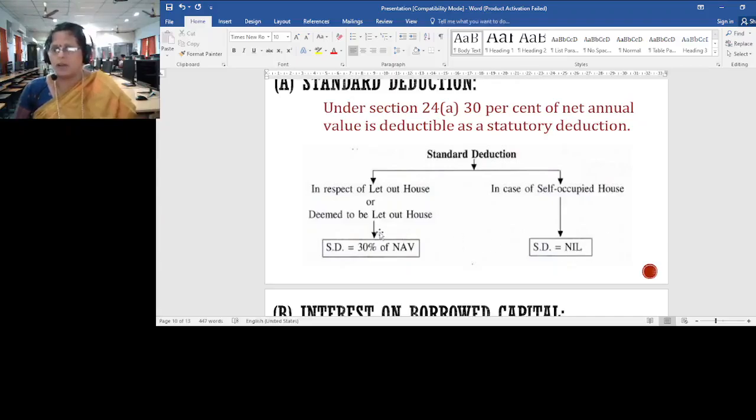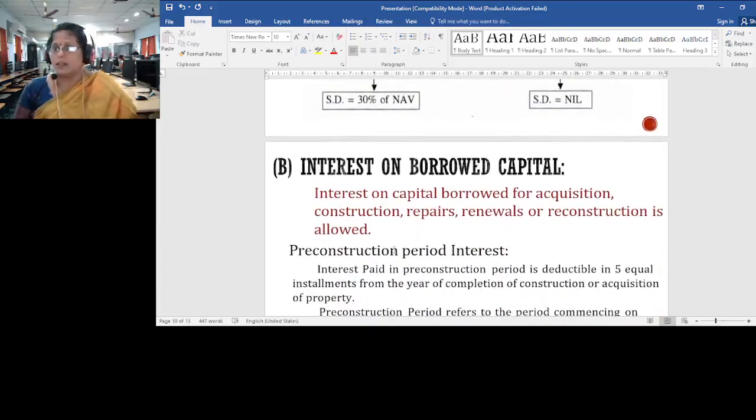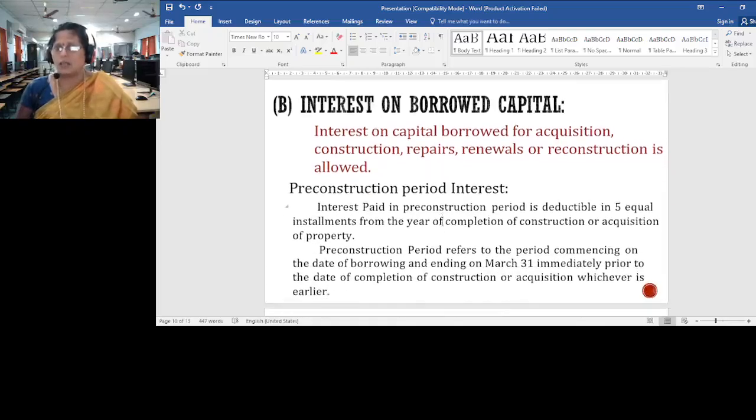But for let out property and deemed to be let out property, you can claim 30% of net annual value. As far as self occupied property is concerned, you can claim interest on borrowed capital. Interest on capital borrowed for acquisition, construction, repairs, renewals or reconstruction is allowed. This is classified into 2.